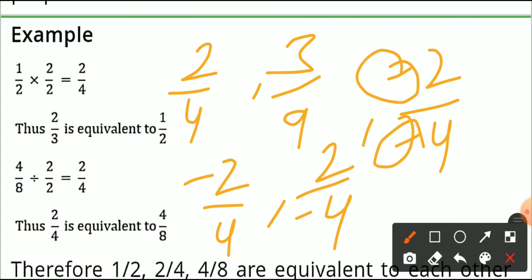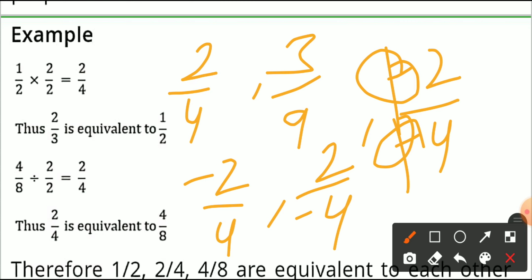So is it a negative rational number? Definitely not. Why? Because if the numerator and denominator both have the positive sign or both have the negative sign, then the rational number is said to be a positive rational number.